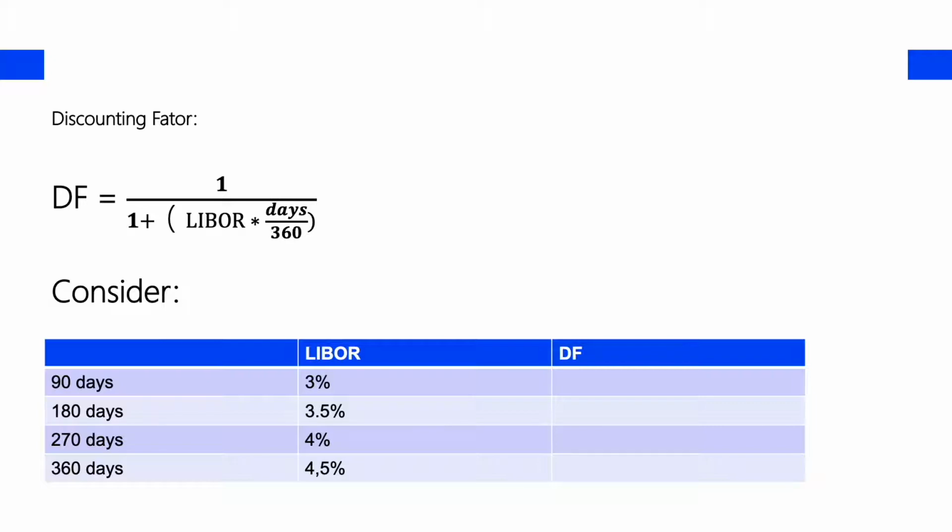So let's do that first one, the 90-day LIBOR is 3%. We'd say, okay, that's quoted annually, so before I use it, we time-portion the 3% with our 90/360, which will give us 0.75%. Now you take your cash flow and you divide it by 1.0075.